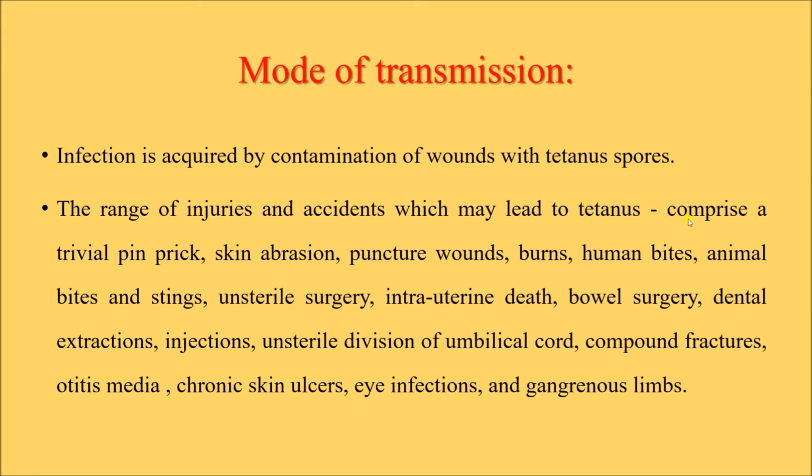For example, trivial pinprick, skin abrasion, puncture wounds, burns, human bites, animal bites, stings, unsterile surgery, intrauterine death, bowel surgery, dental extractions, injections, unsterile division of the umbilical cord, compound fractures, otitis media, chronic skin ulcers, eye infections, and gangrenous limbs. So as you can see, different kinds of wounds are possible, and if any of these wounds get contaminated by the tetanus spore, the disease can occur.